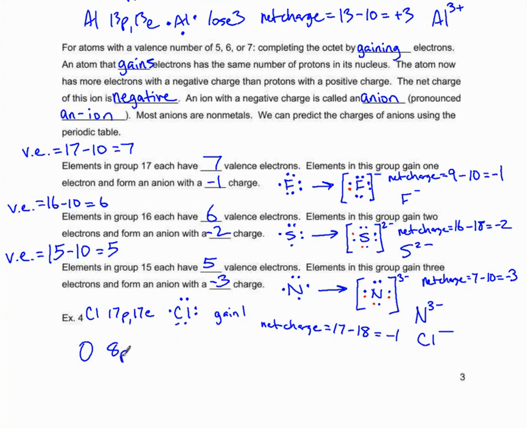Oxygen, 8 protons. When it's neutral, 8 electrons. And here's my neutral oxygen atom. It is unstable, and it wants to gain 2 electrons. It has 6 valence electrons, but it wants a complete octet.